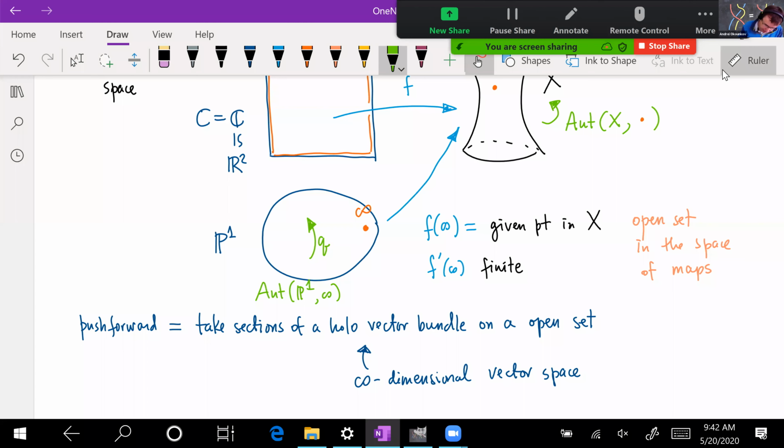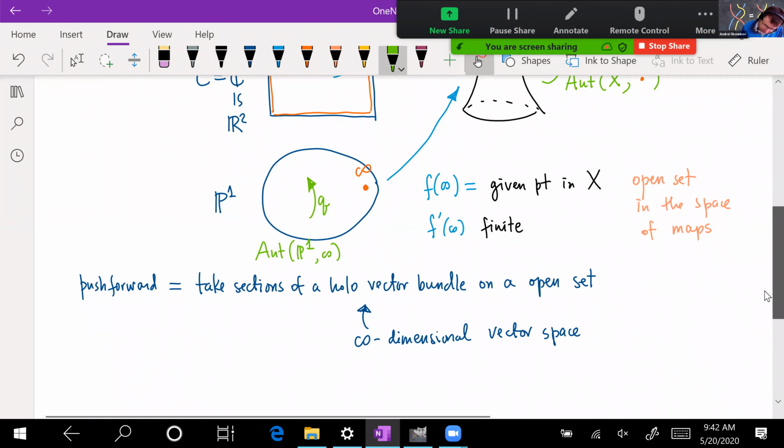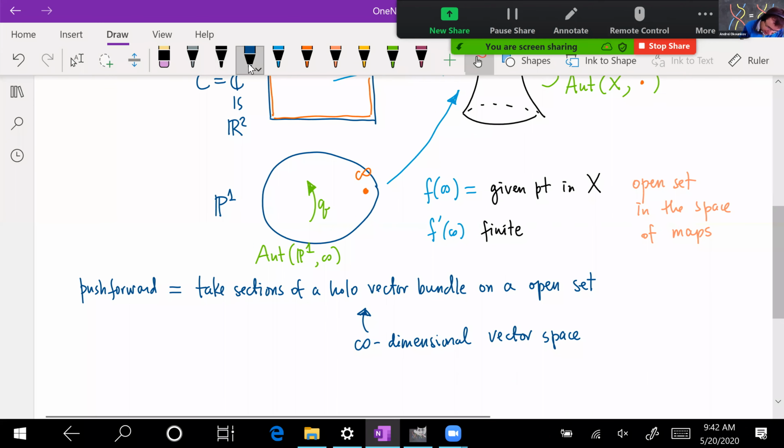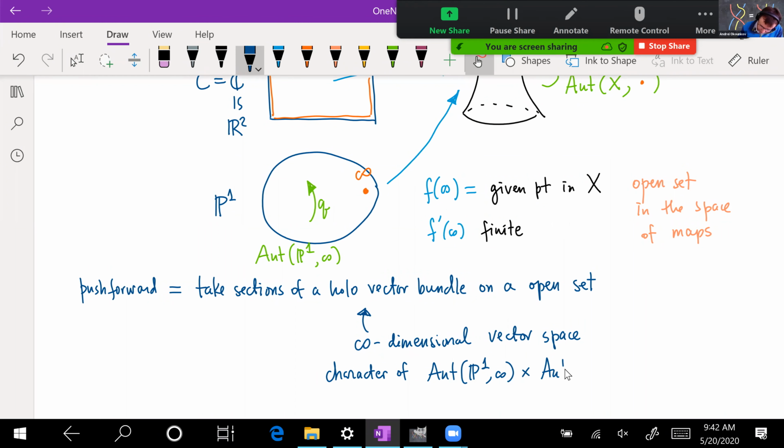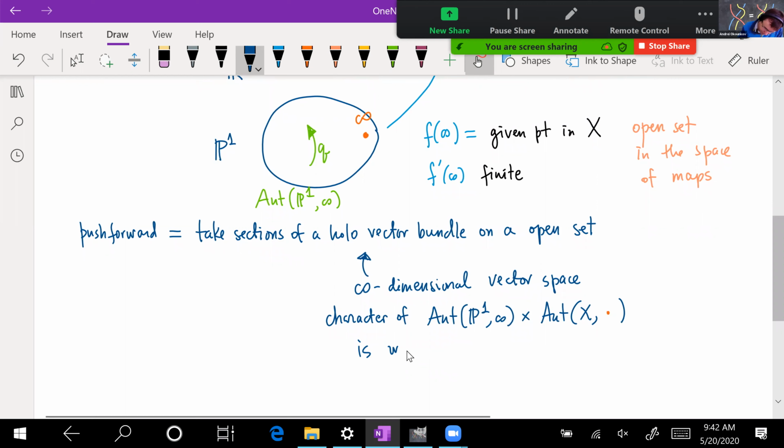So this means that we have some group acting on an infinite dimensional vector space, but the character is well defined. The character of our group action, of the automorphisms of P1 fixing infinity cross the automorphisms of X fixing that marked point, is well defined.